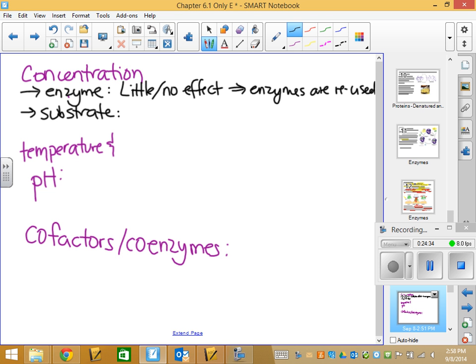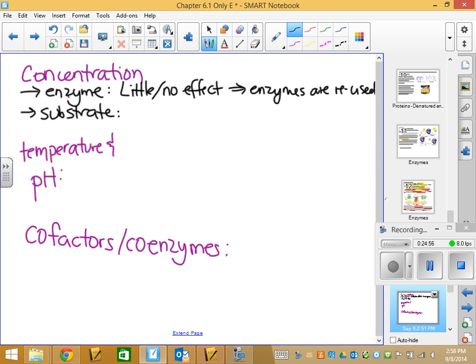So depending how much there was, it's possible that adding more enzyme will have a small effect, but there will be a maximum reached very quickly. And so the idea is that the concentration of the enzyme has very little effect on the actual overall function and how fast the reaction will happen.